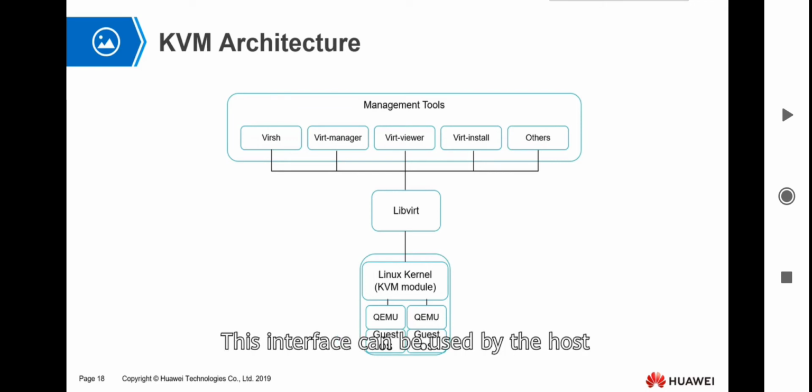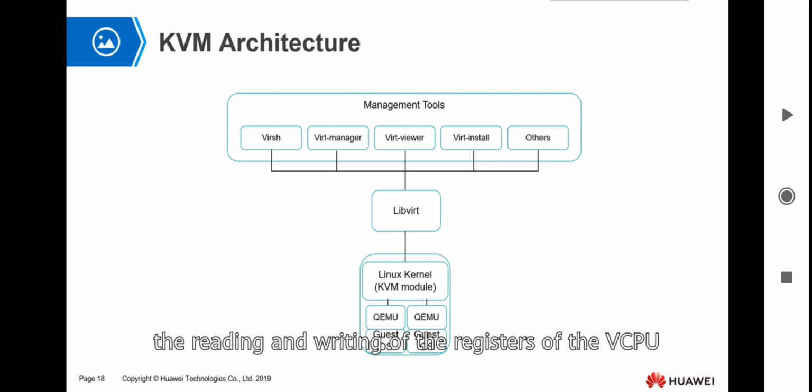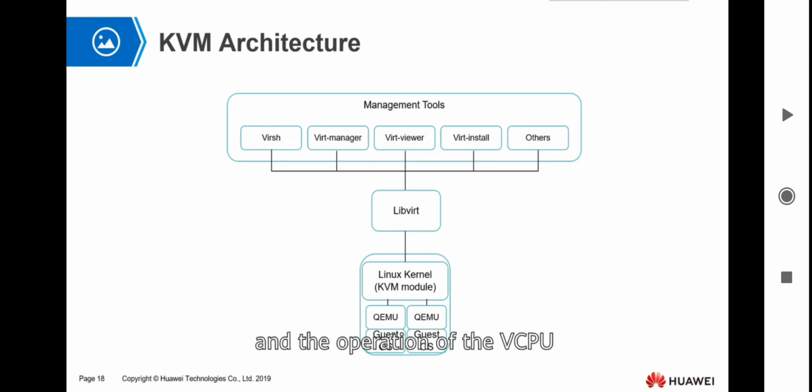It just provides an interface. This interface can be used by the host to be responsible for the creation of the vCPU, the allocation of address space of the virtual memory, the reading and writing of the registers of the vCPU, and the operation of the vCPU. It provides this interface and then lets the host do these operations.